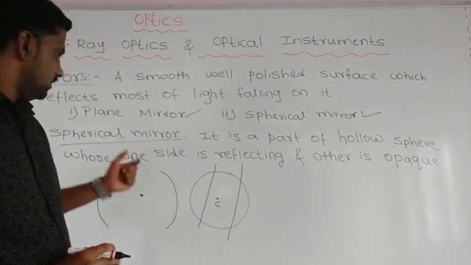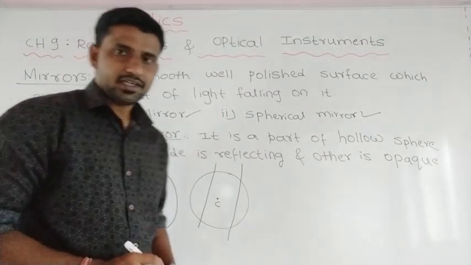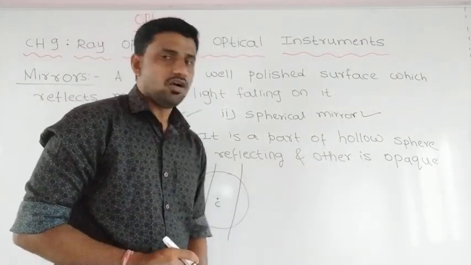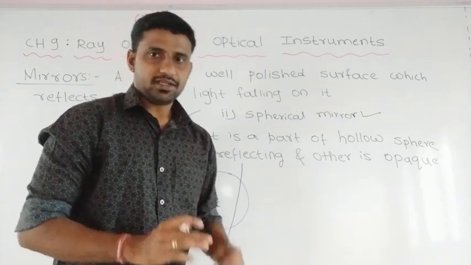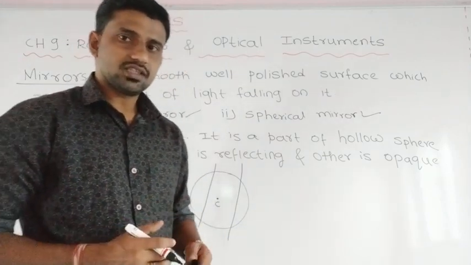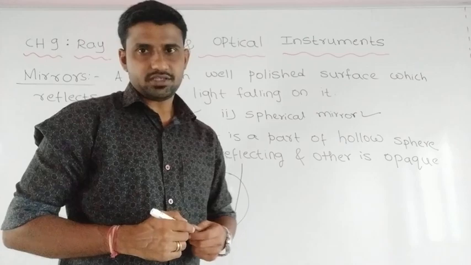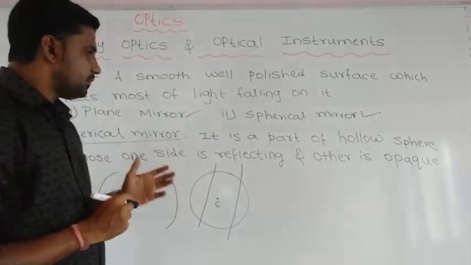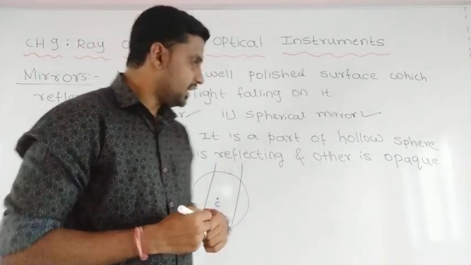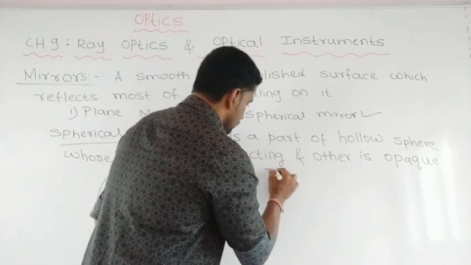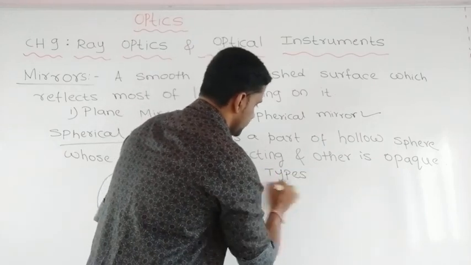A spherical mirror has one reflecting surface and the other is opaque. That means it has another surface as a non-reflecting surface. And in spherical mirrors, there are two types. They are the types of spherical mirrors.